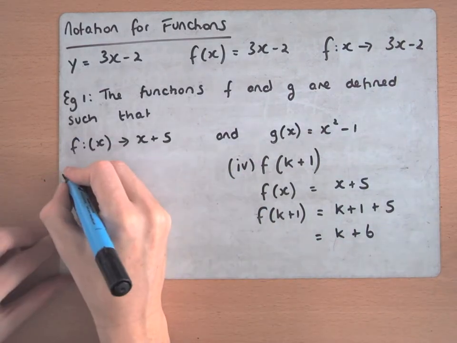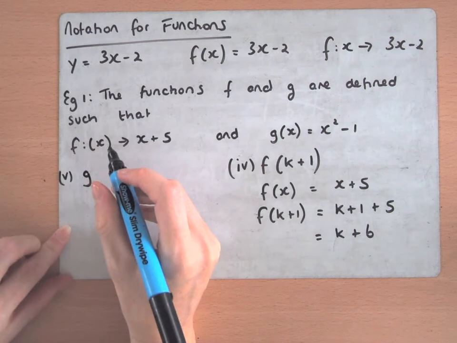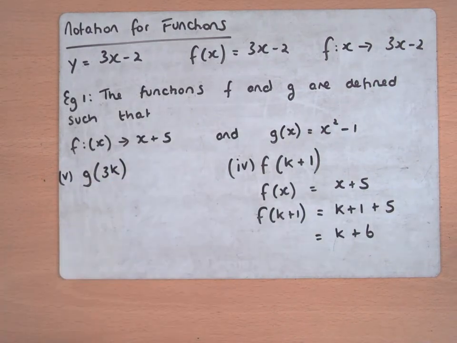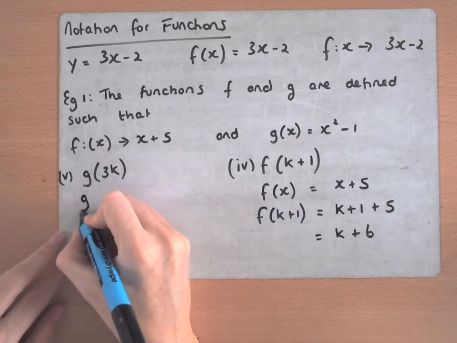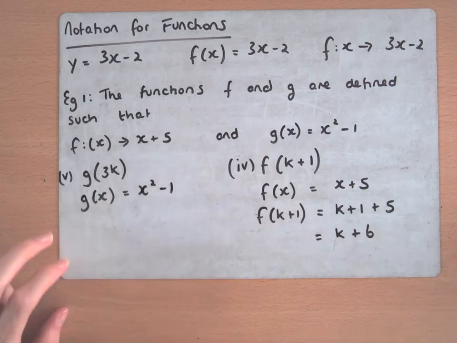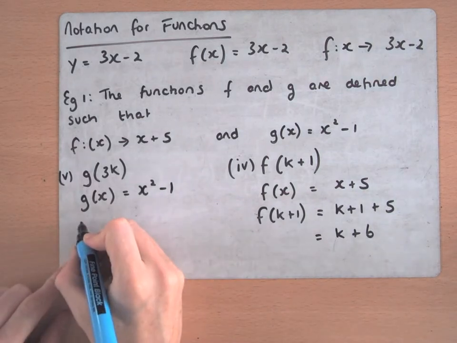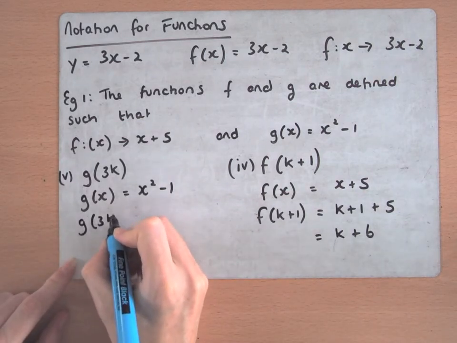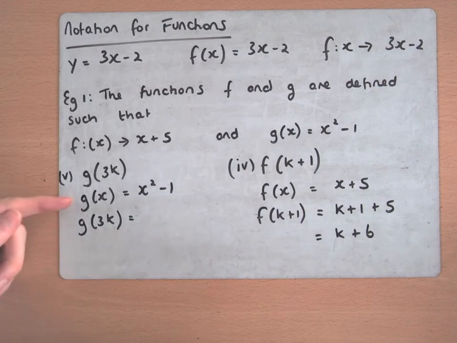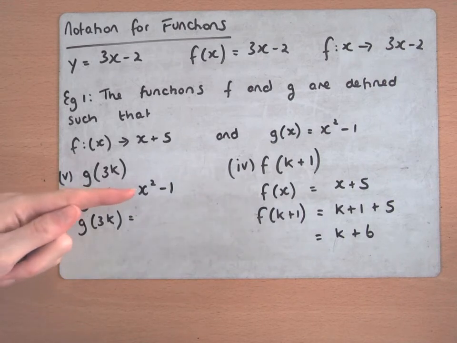Part B. They want this time g of 3k. What function do I go to? G, and I write it down. Now g of x is x squared minus 1.